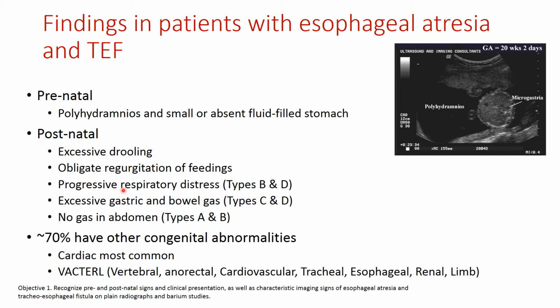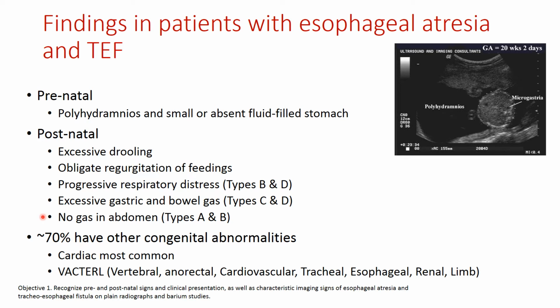Again, those babies with the proximal tracheoesophageal fistula are going to have respiratory distress, cyanosis, coughing, wheezing, shortness of breath. The distal esophageal fistulas lead to excessive bowel gas. And again, we have no gas in the abdomen if we don't have that distal esophageal fistula, if all there is is an esophageal atresia or proximal esophageal fistula.